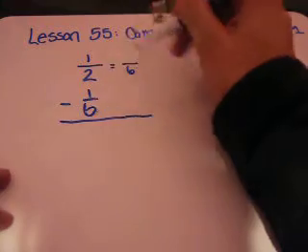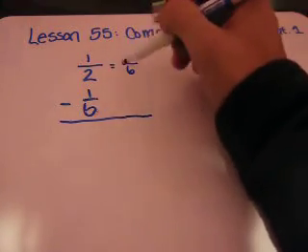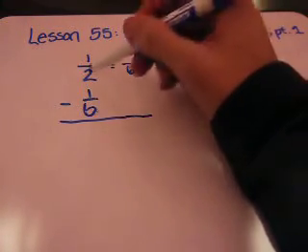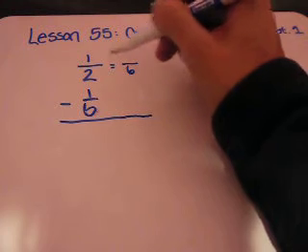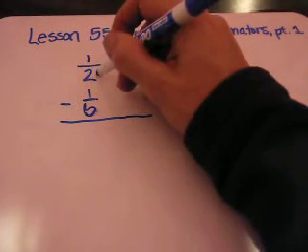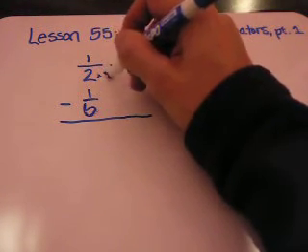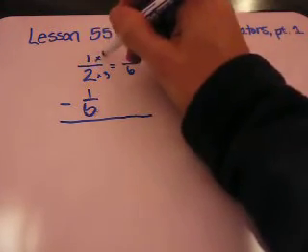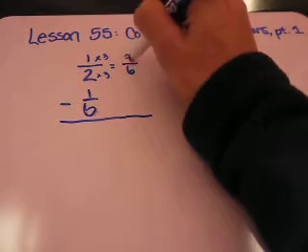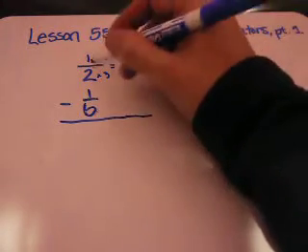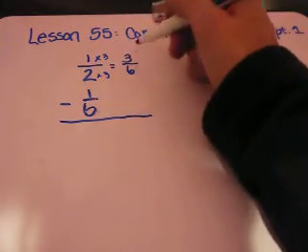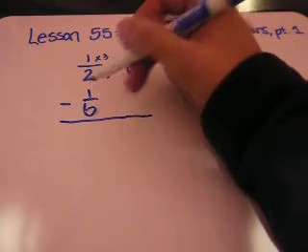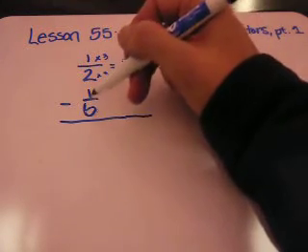You guys have all done this before, in the last couple lessons, where you can figure out what goes on top. In your head, you're probably going, okay, I know 2 times 3 is 6, so 1 times 3 is 3. So 1/2 has now been renamed to 3/6, and now we can do 3/6 minus 1/6.